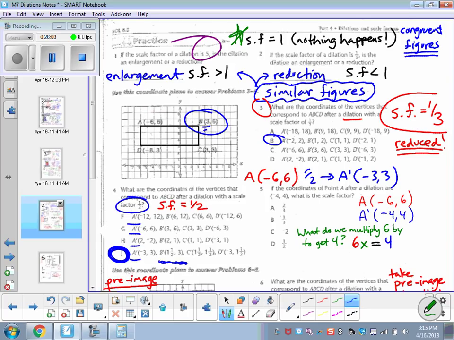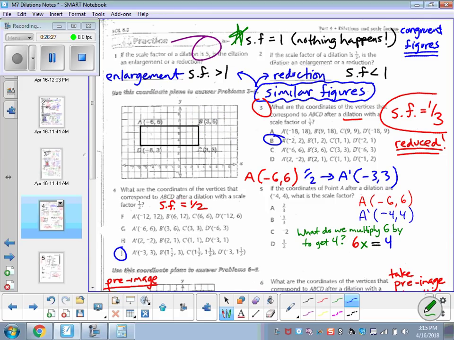And once again, we want to cut both of those in half. And 3 halves is 1.5. And 6 divided by 2 is 3. So those both check out. All right. Now I'm going to erase this stuff and focus in on question 5.